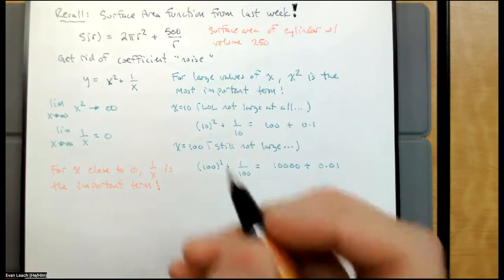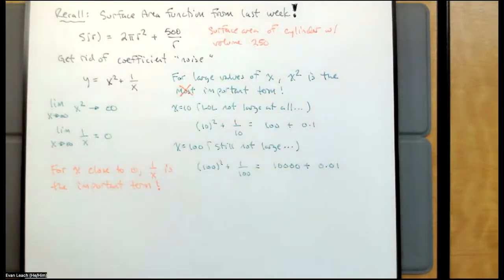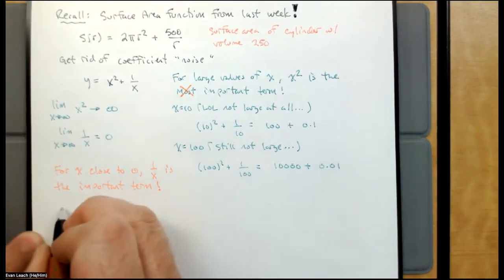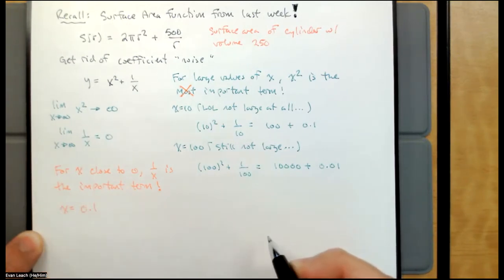There's only two. If one is important, the other one is not important. So for values of x that are close to 0, 1 over x is going to be the important term. So for x equals, say, 1/10, that's not even that close to 0.